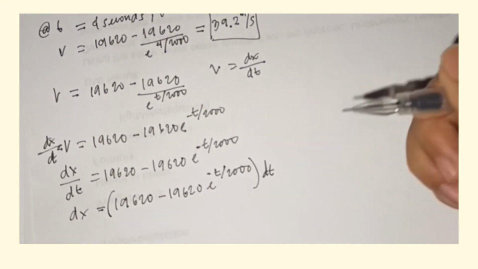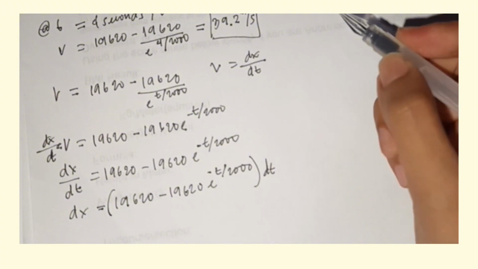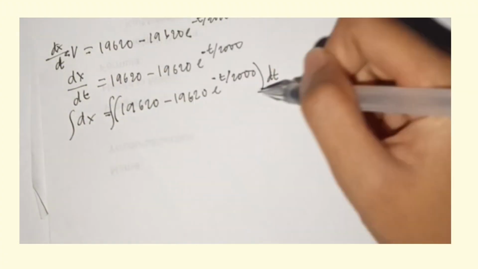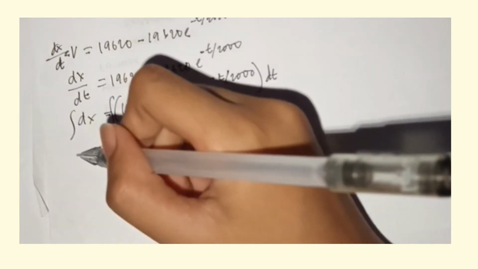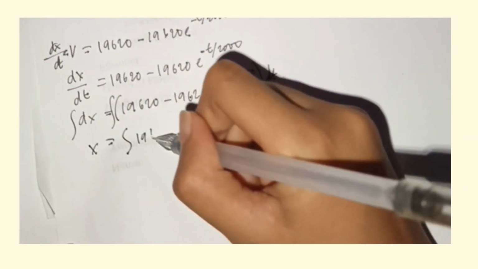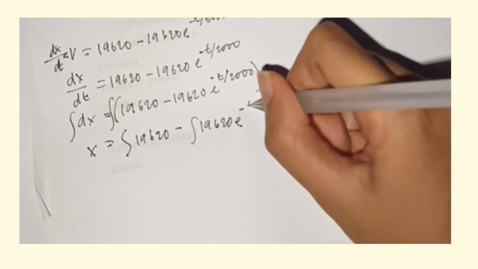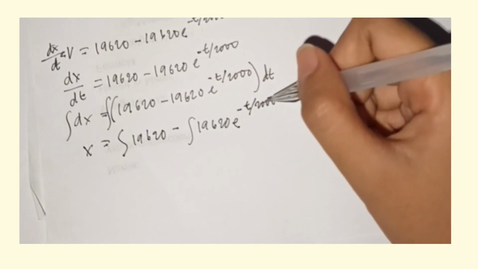So we are going to integrate both sides to get the distance. We integrate with respect to t, so x equals 19620 t minus the integral of 19620 e raised to negative t over 2000 dt.